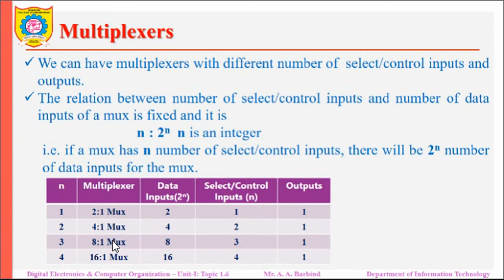We can have an 8:1 multiplexer when n is 3. So the number of data inputs for that multiplexer is 8, the number of select lines is 3, and one output. In a 16:1 multiplexer, there are 16 inputs or data lines, there are 4 control or select lines, and there is only one output line. We can have multiplexers of size even greater than 16:1, like 32:1, and so on.